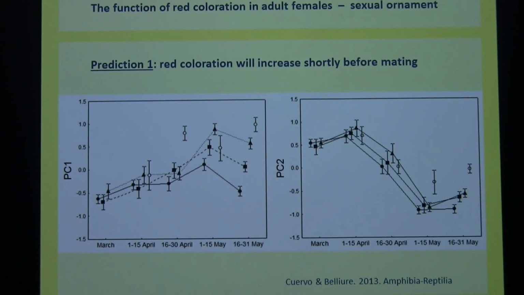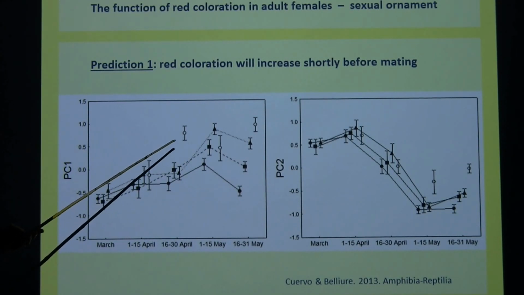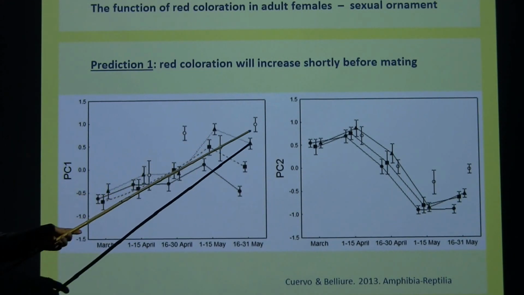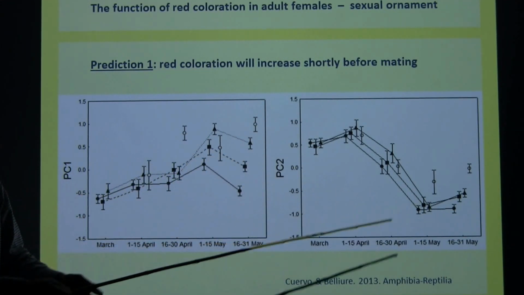In these graphs, solid symbols represent the females in captivity in the three experimental groups, and open circles represent free-ranging females. The change in coloration is shown in the graphs by an increase in PC1 brightness and a decrease in PC2 redness.